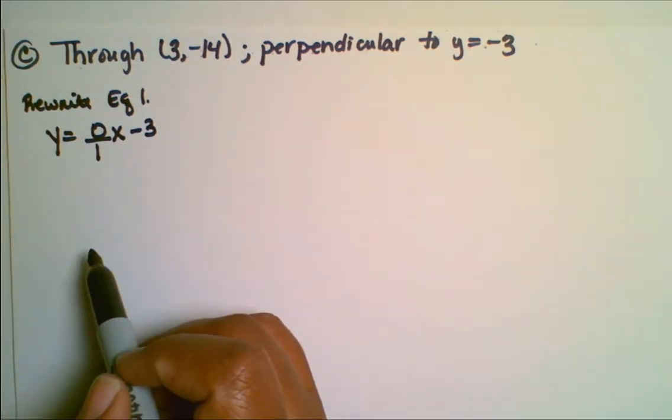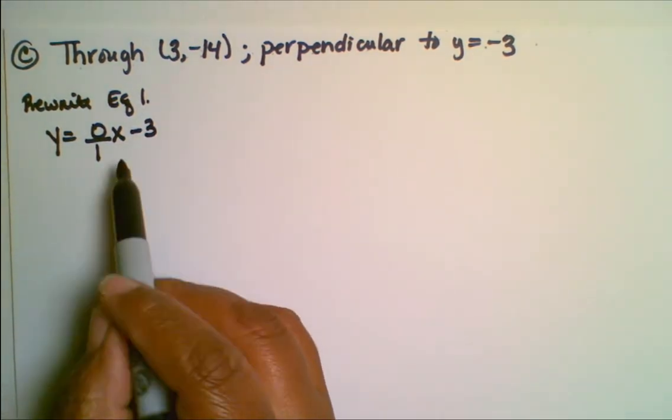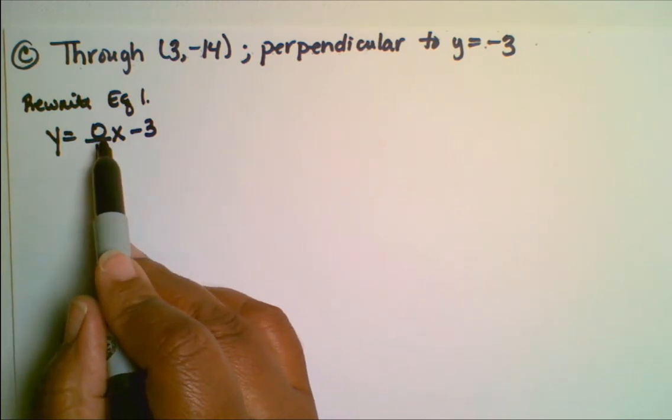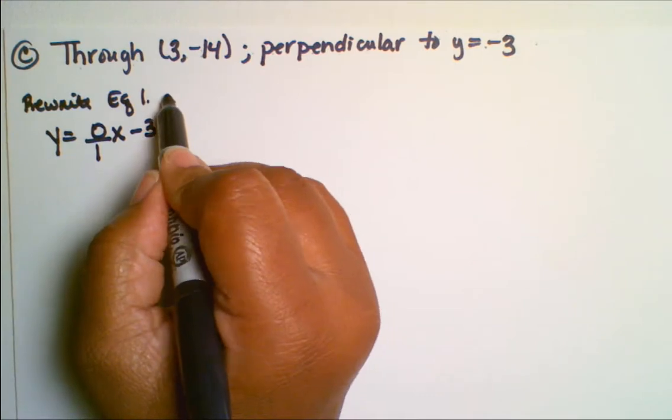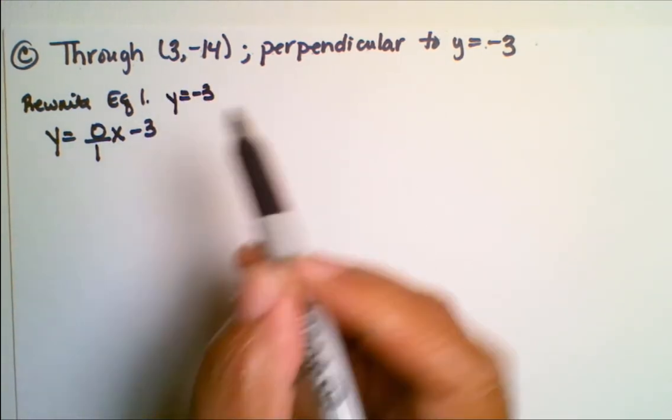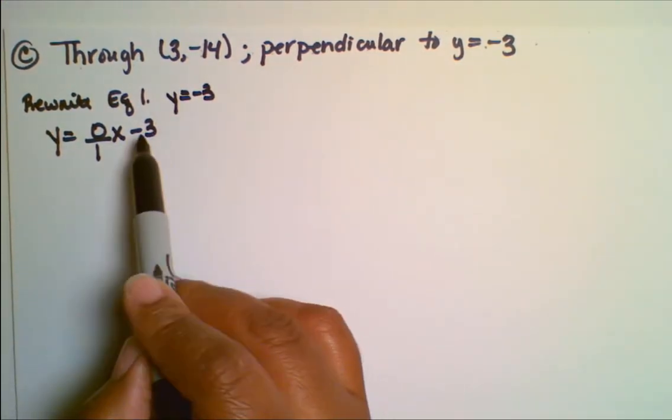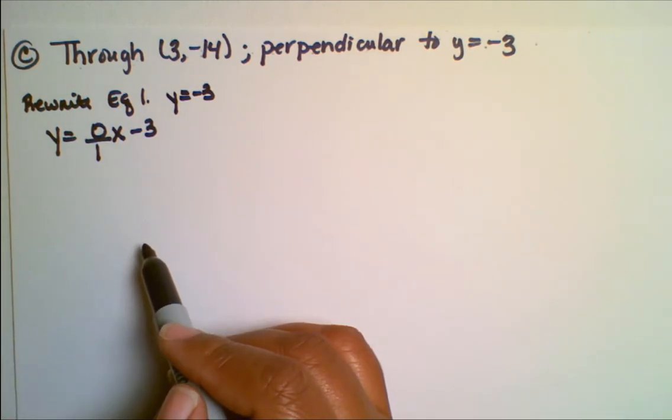We know 0 divided by any number is 0. So that's why we have y = -3, because we have a 0 slope.